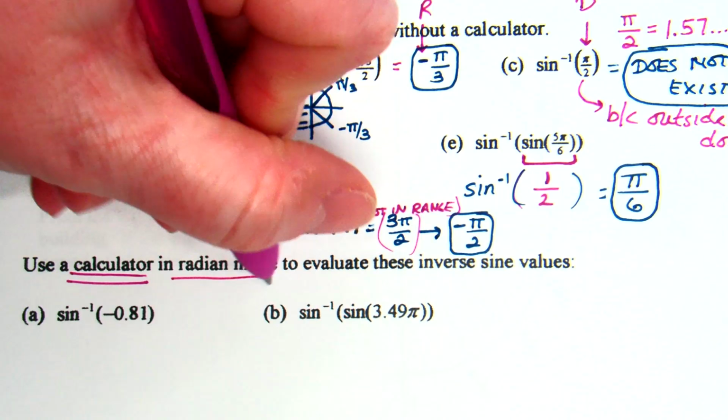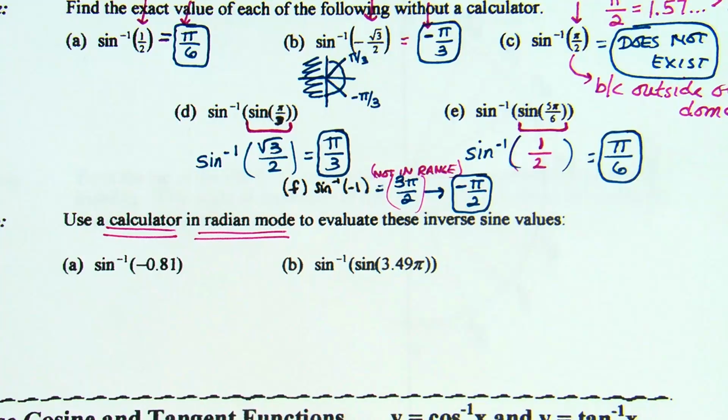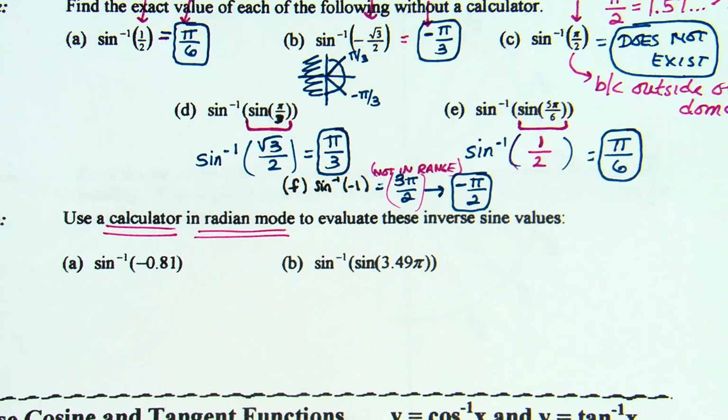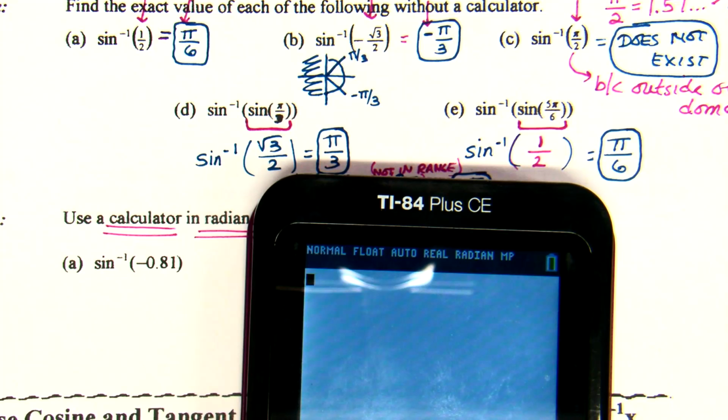Unless you know you're putting degrees in, all trig functions automatically work in radian mode. So the default is radian mode for this class. I don't care what your physics teacher says. That's physics. In my class, the default is radian mode.